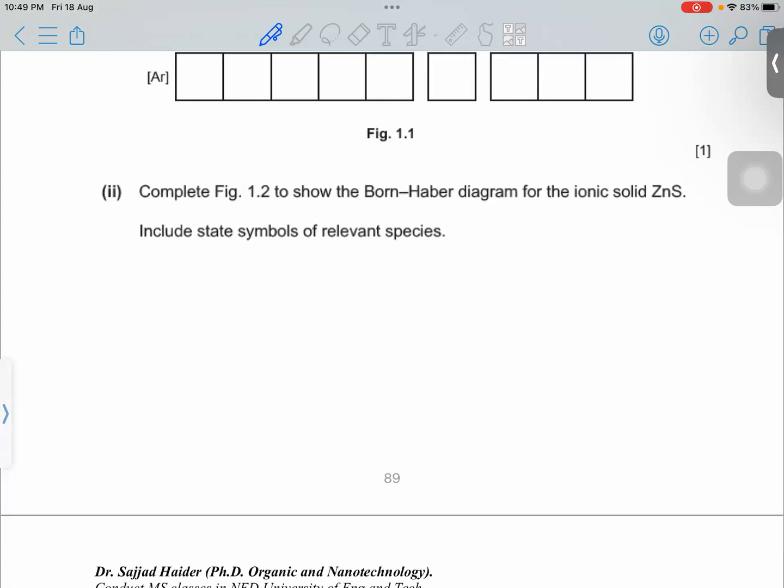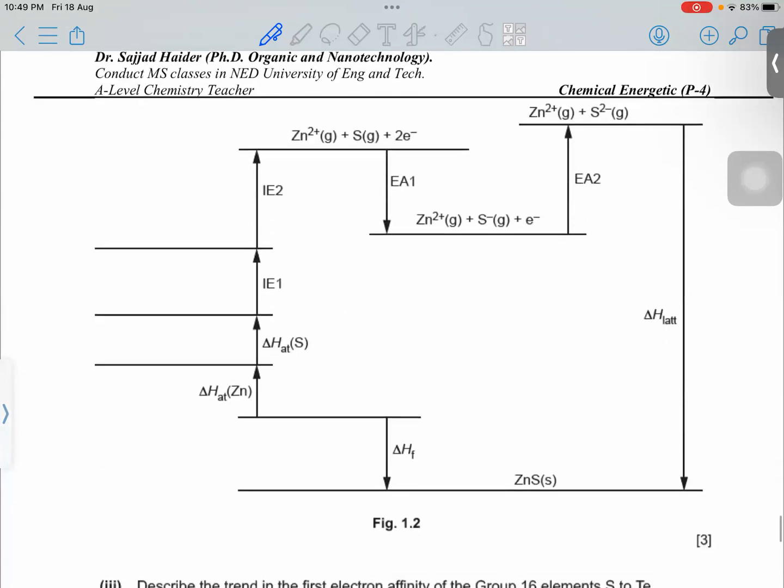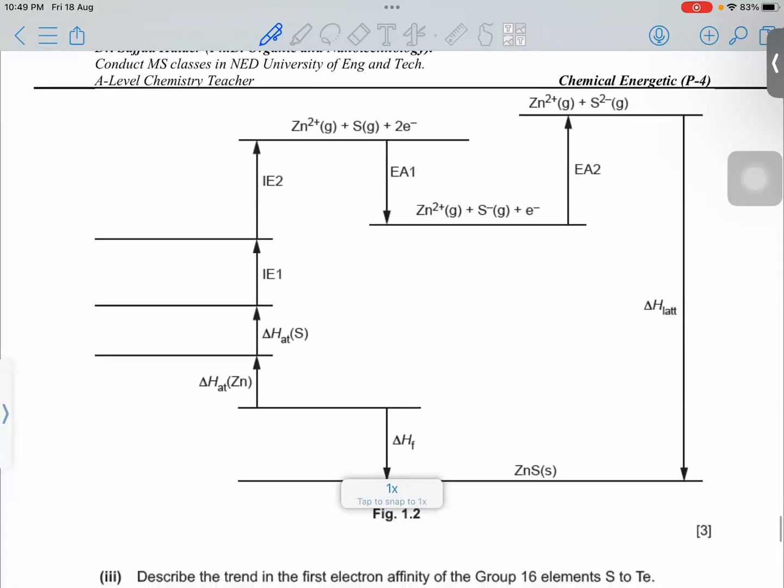Complete figure 1.2 to show the Born-Haber diagram for the ionic solid zinc sulfide. Include state symbols, right? Now you have zinc. So first atomize it.